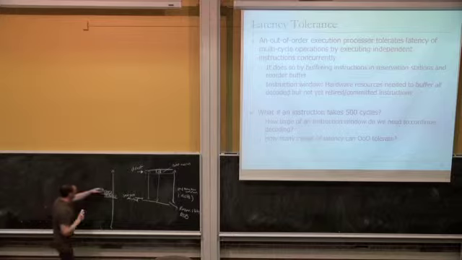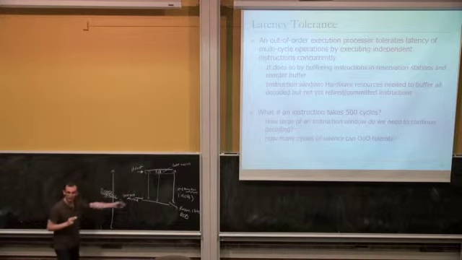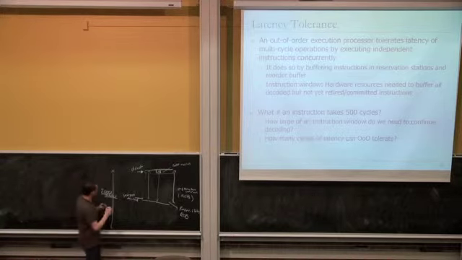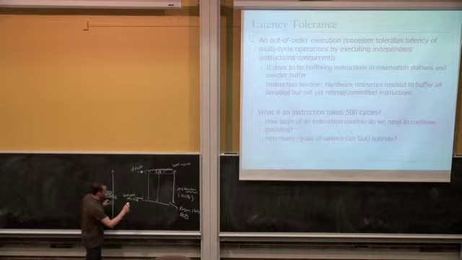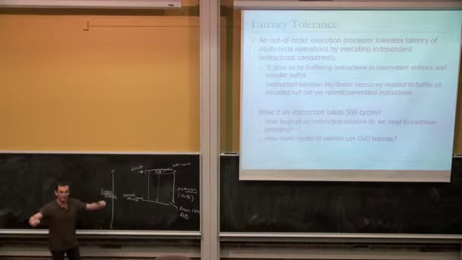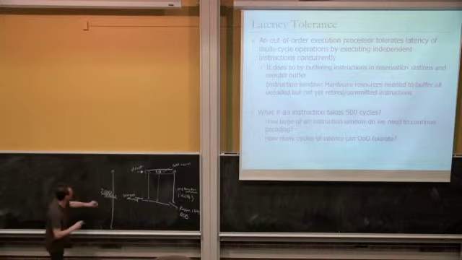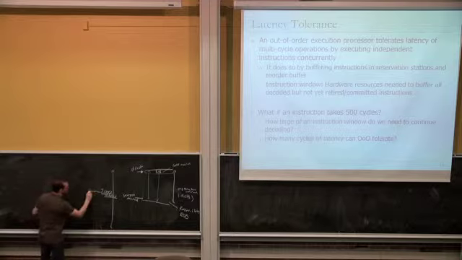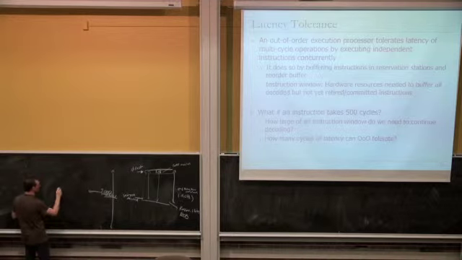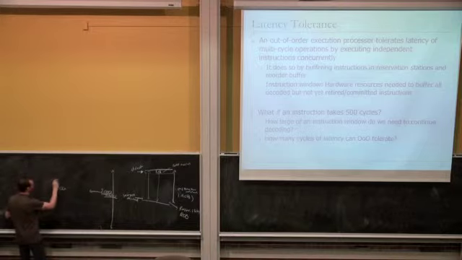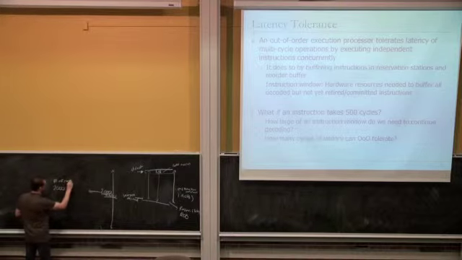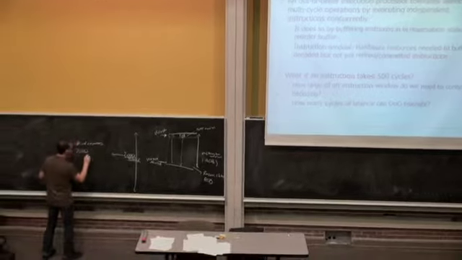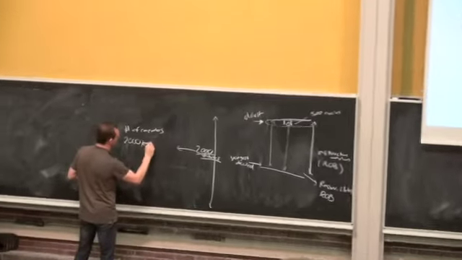So the number of comparators quickly gets out of control because you may actually be broadcasting multiple tags at the same time also, right? If you're executing multiple instructions at the same time. You can actually do the calculation. Let's say you have a reservation station that has 2,000 entries. How many comparators do you need? Number of comparators. 2,000 entries in the reservation station.